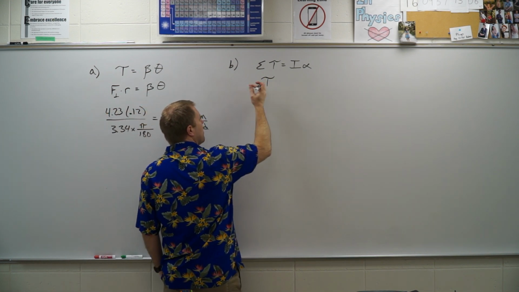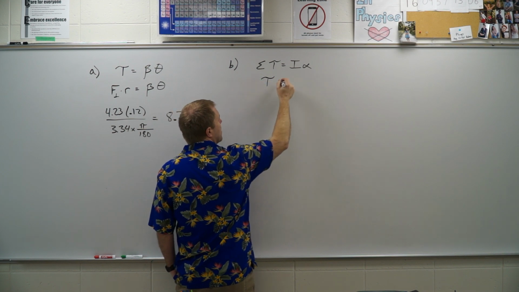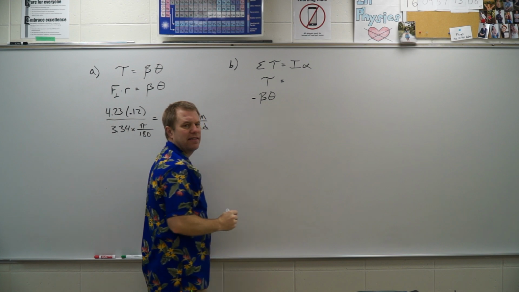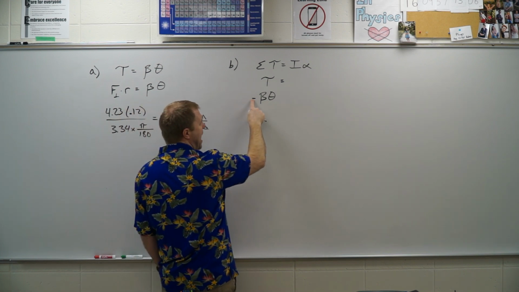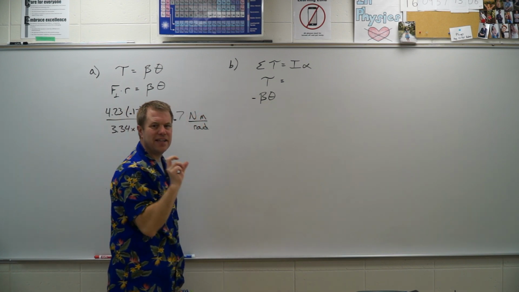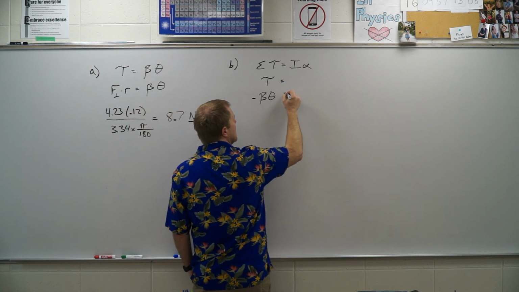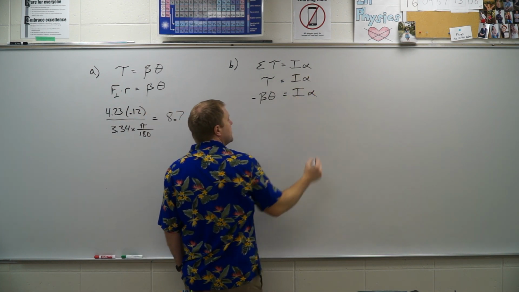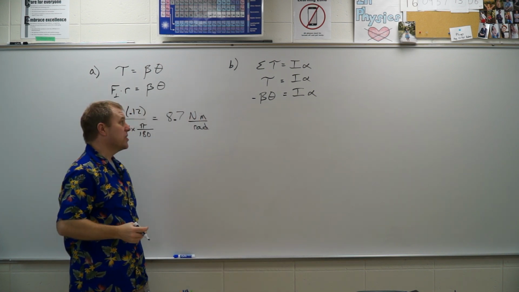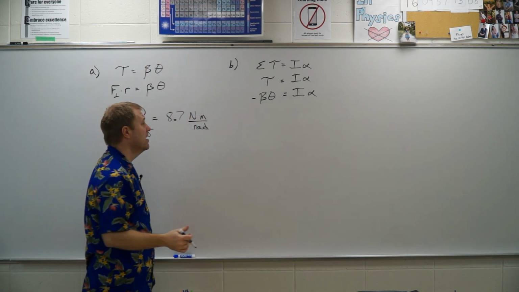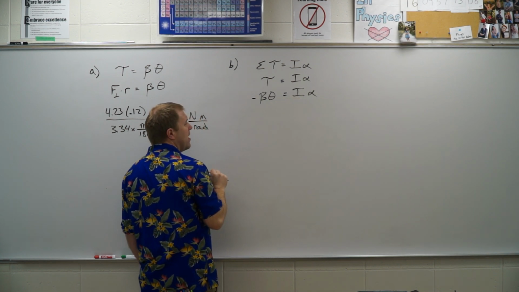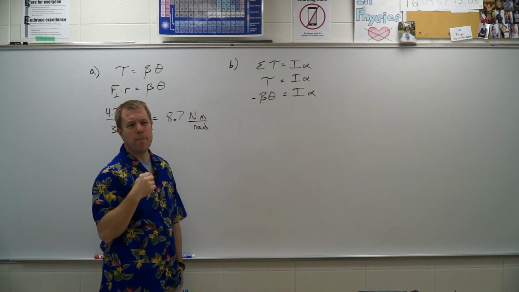So this torque is going to be negative beta theta, the opposite of the direction that it's been displaced, equals I alpha. Now we just need to fill in some information. They did tell us it was a disk, so they did tell us the I value, and they're asking us to find omega.